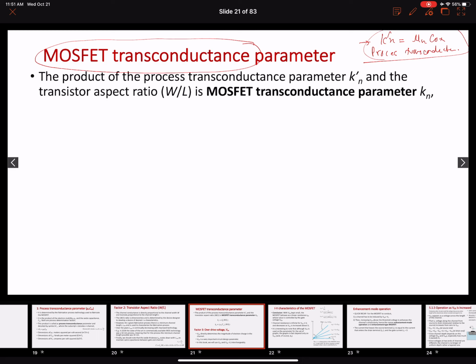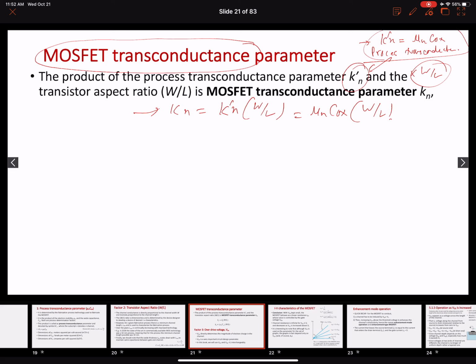The process transconductance parameter was the mobility and the oxide capacitance. The MOSFET transconductance parameter is the process transconductance parameter multiplied by the aspect ratio. So Kn is essentially K'n multiplied by W over L, or mu n C ox times W over L. This is just another way to simplify writing the equations.